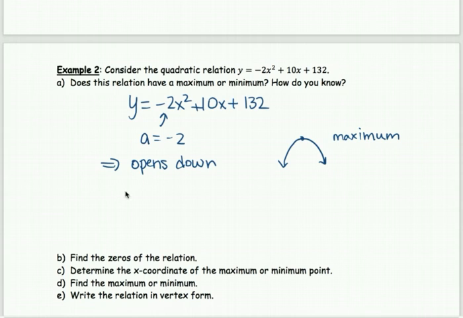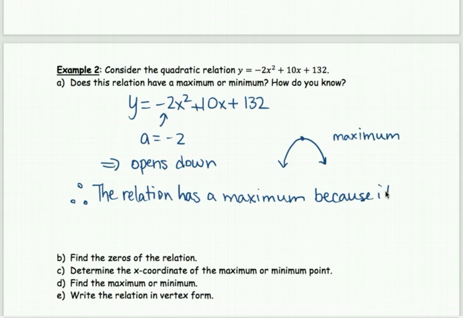So you know that it is a maximum, and the reason why is because it opens down. Or if you wanted to write that the A value is negative, that's totally fine as well.